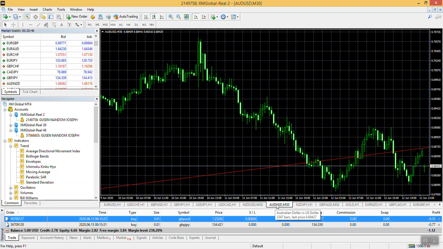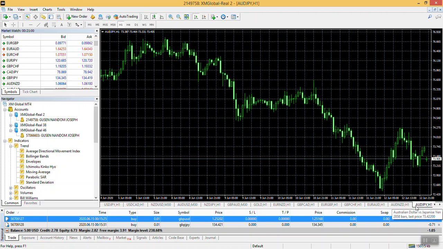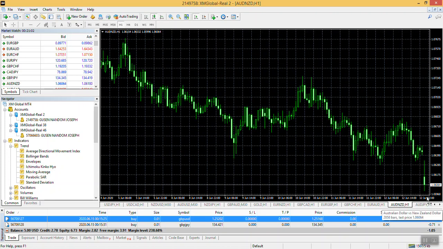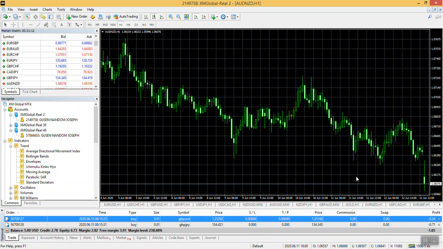And here also we have the AUD, and here as well. At that time, it's going to be volatile. You would realize that the market moves almost every second. So that is one of the time zones.